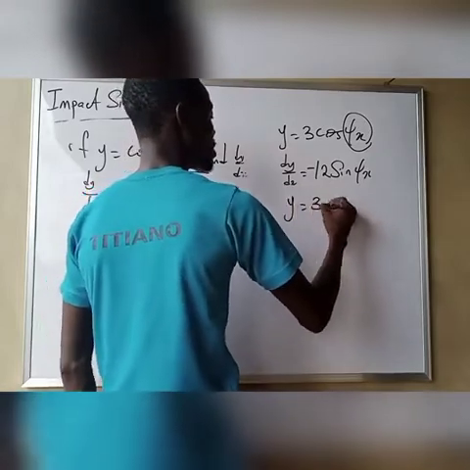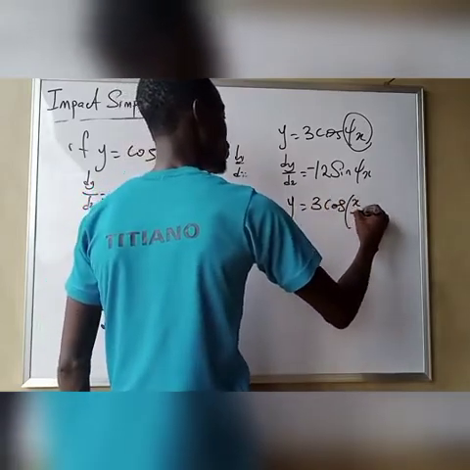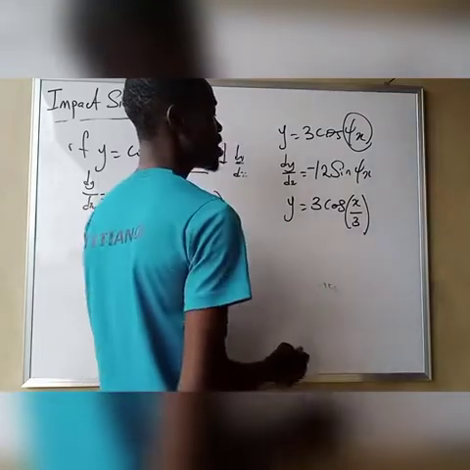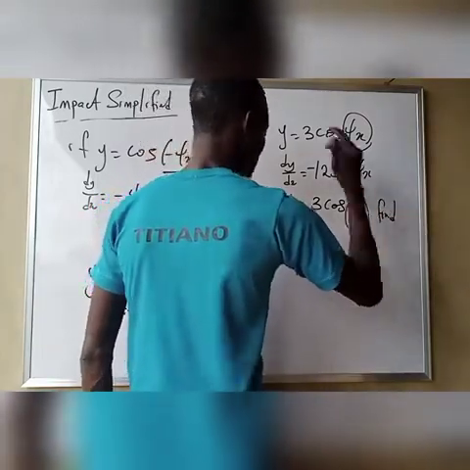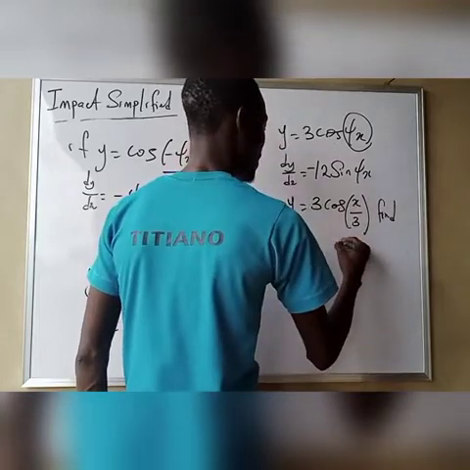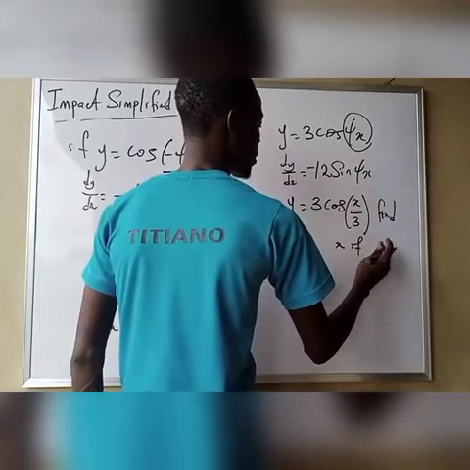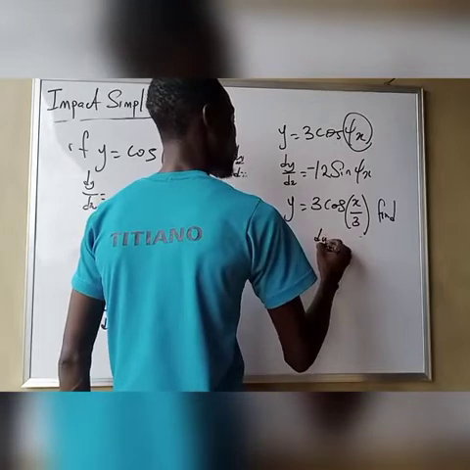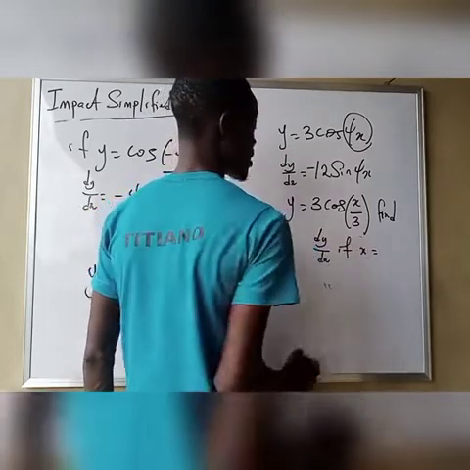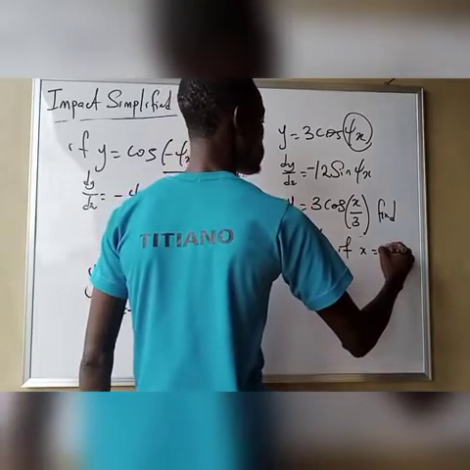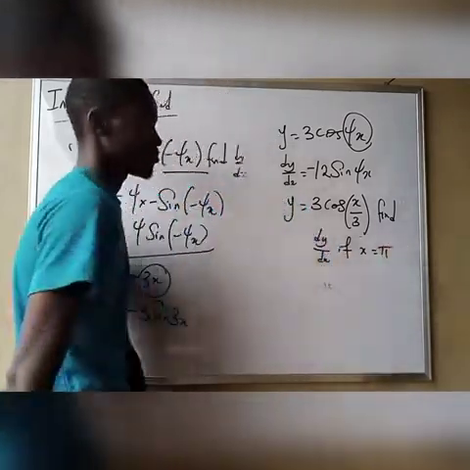Yeah, it was this year that they asked this particular question. They said if this is equals to this. Now let me try to frame it. They said find dy over dx if your x is equals to pi. Wow.